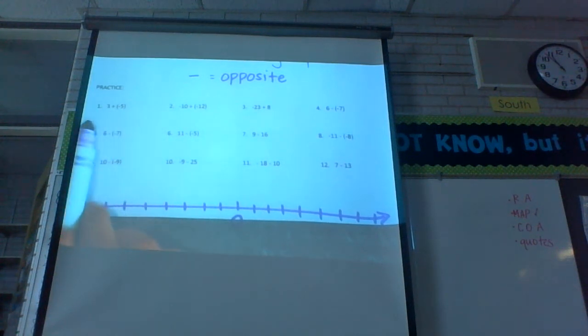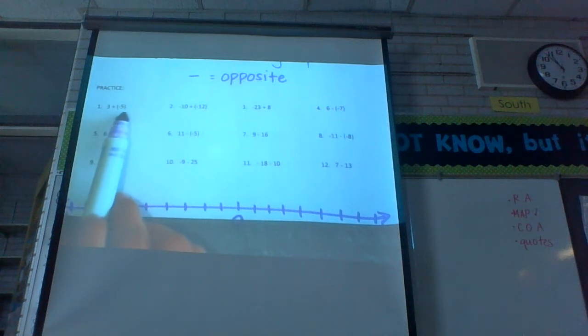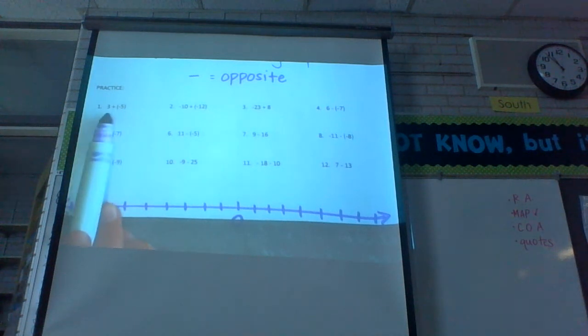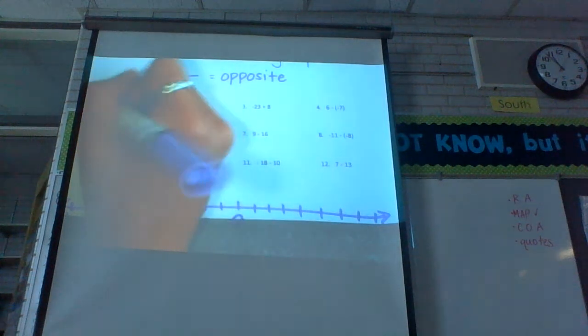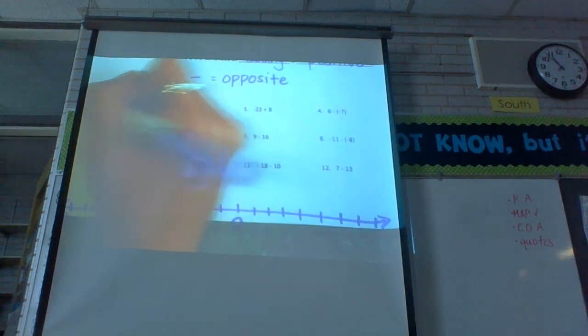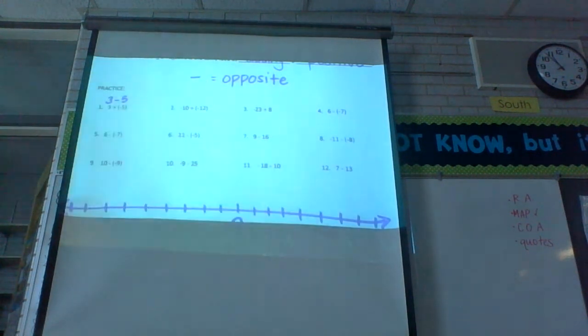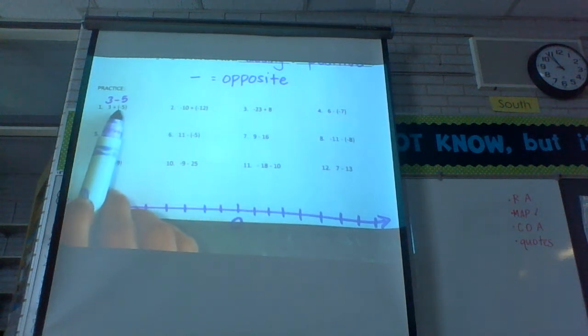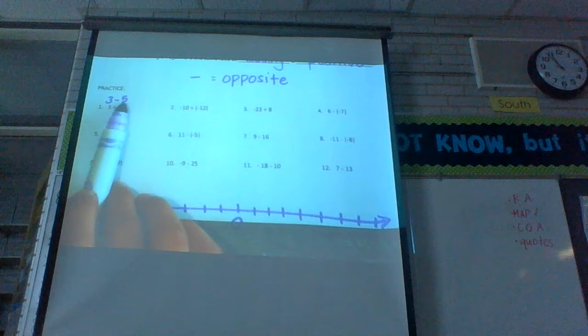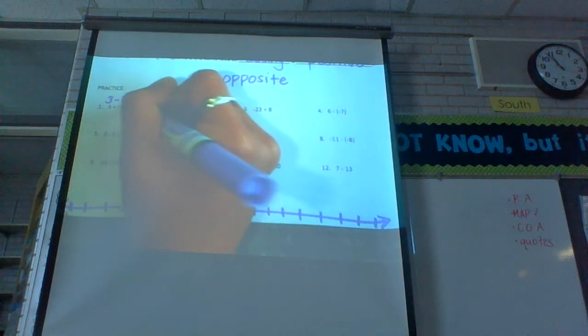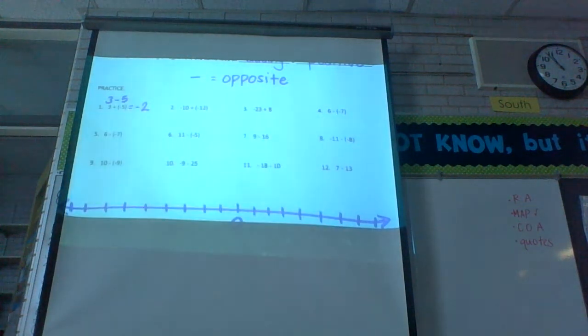So let's start with number 1. 3 plus a -5. So I'm adding a -5. This is really the same thing as just taking away a 5. So if I have 3 and then I'm adding a -5 or I'm taking away 5, I'm left with -2.